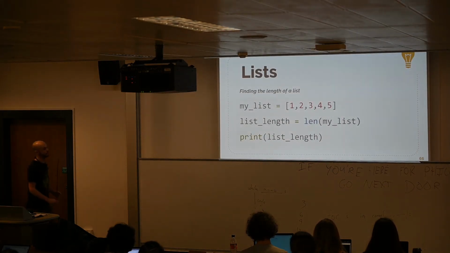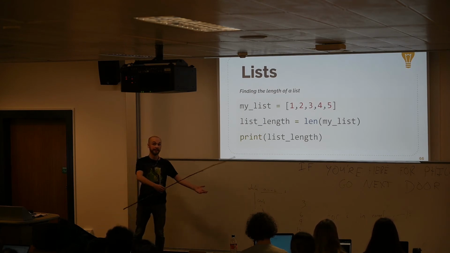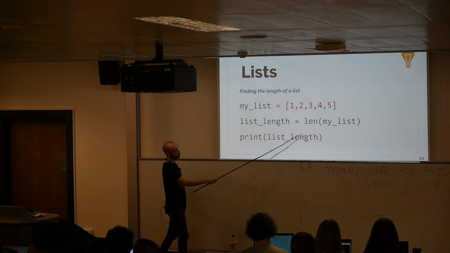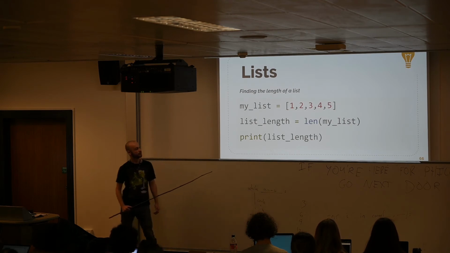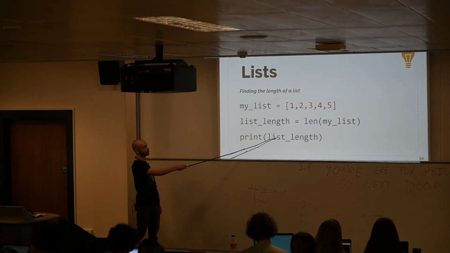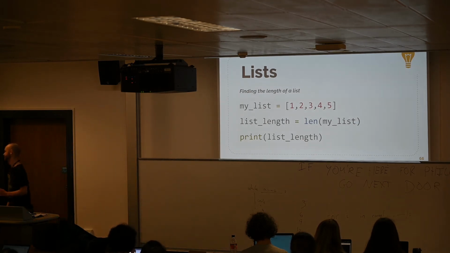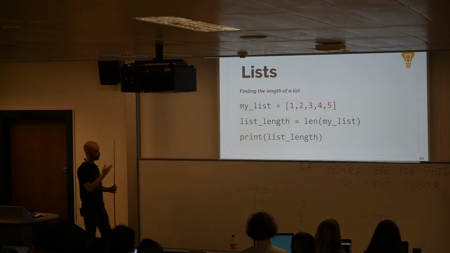Something that's often really important is the length of a list, which is the same as the number of things that are in that list. And you do this by using len. That's how that works, basically. So what do we think that's going to print out? Any guesses? 5, exactly. This is really useful because often you might have generated your list dynamically.